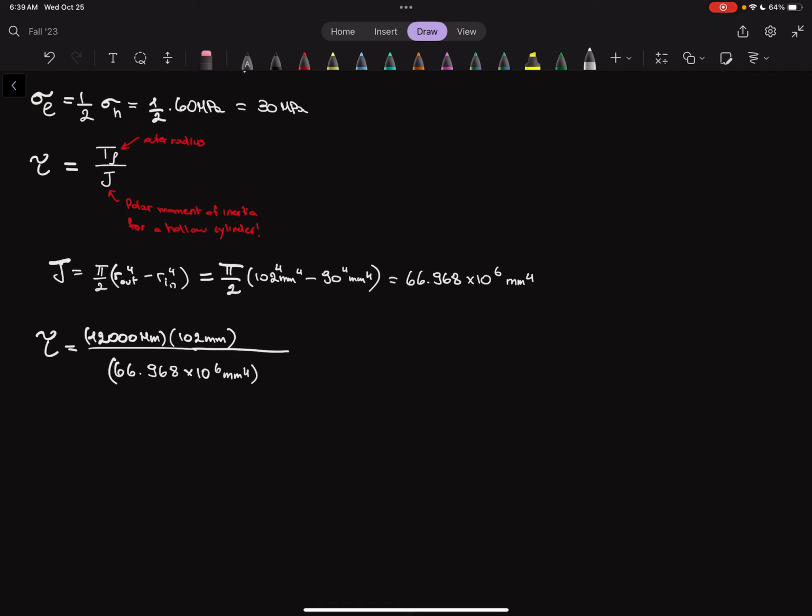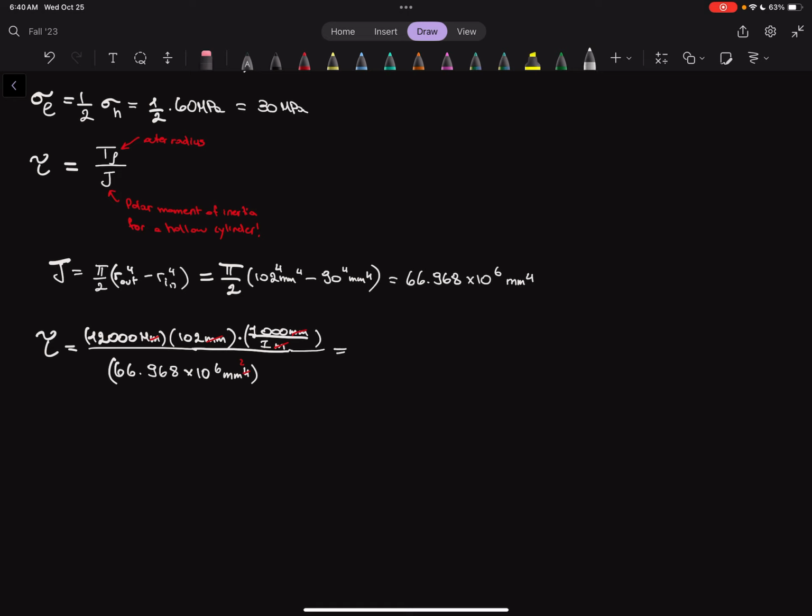And now we want newtons over millimeters squared, which is going to give us megapascals. So we need to convert the meters in newton meters to millimeters. So 1,000 millimeters every 1 meter. So that takes care of this. And eventually we'll get megapascals.